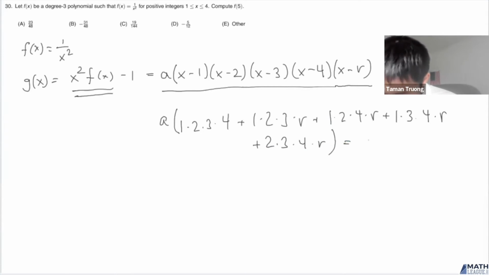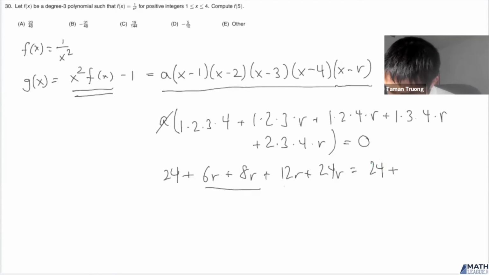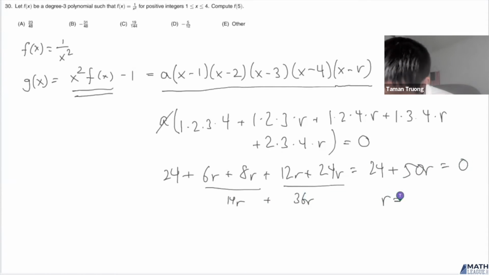That needs to be 0. Okay, we can divide a out. And so you get 24 plus 6r plus 8r plus 12r plus 24r. That equals 24 plus, this is 14, 36r, 24 plus 50r, that's 0. So r is minus 24 over 50. Simplify that to minus 12 over 25.